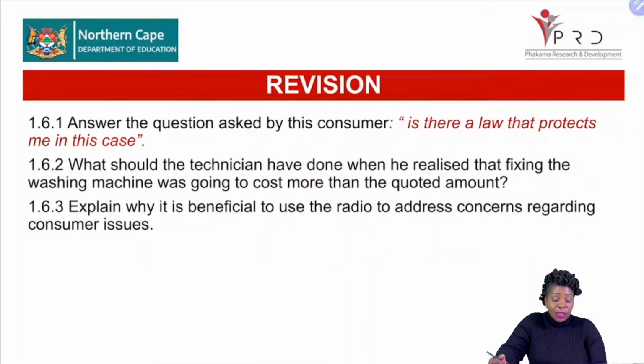And 1.6.3 says, explain why it is beneficial to use the radio to address concerns regarding consumer issues. Right, I'll give you a few minutes to answer 1.6.1 to 1.6.3, and then we can go to the solutions.